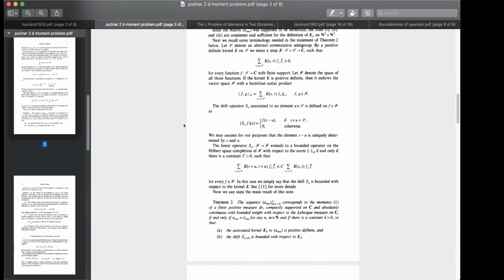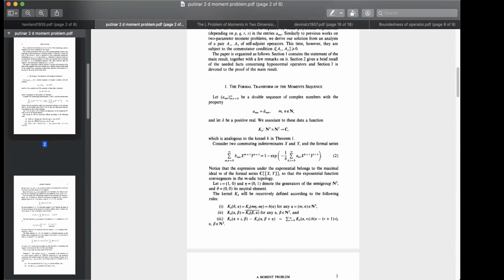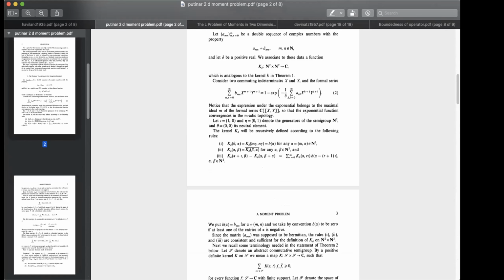Okay, so here he defines this kernel. I don't get what he means by this notation, basically. The bar. Yeah. So we have this define, let the kernel.